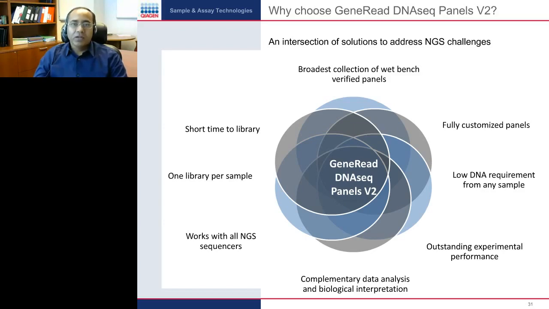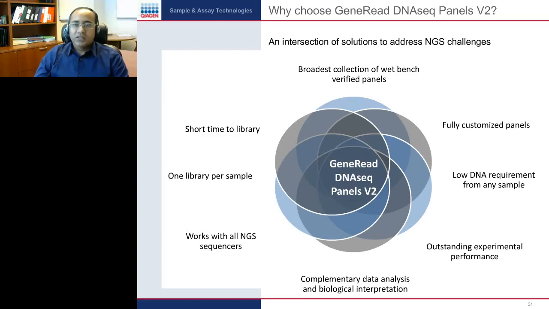We have the broadest collection of workbench validated panels. Right now we have 14 different panels which are developed in-house and workbench validated. In addition to these workbench validated panels, we provide the ability to completely customize a panel for your own research needs.